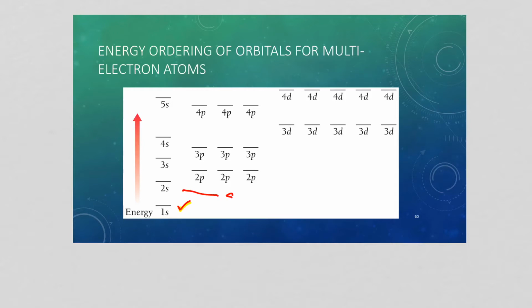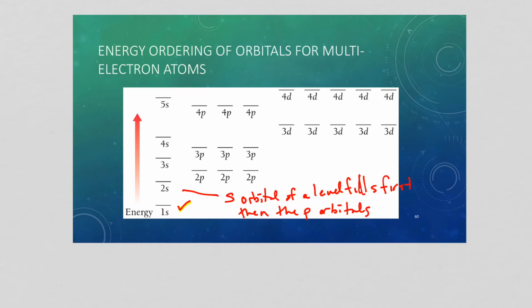So the s orbital of a level fills first, followed by the p orbitals.